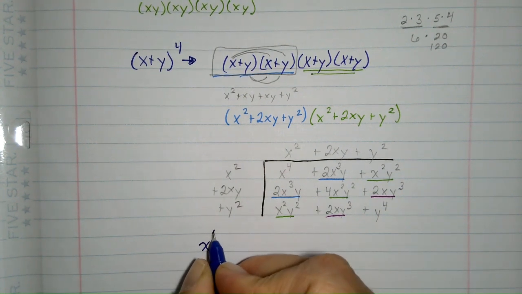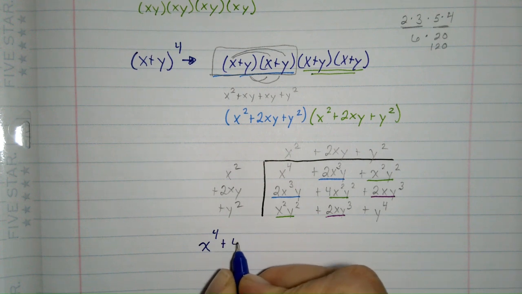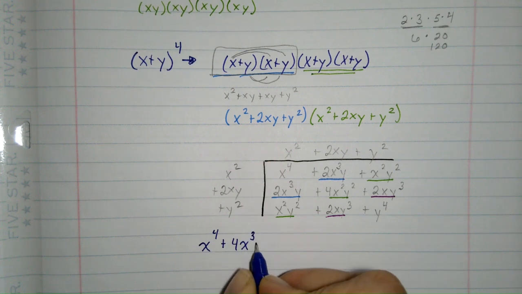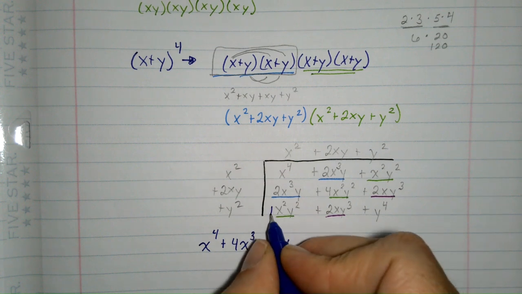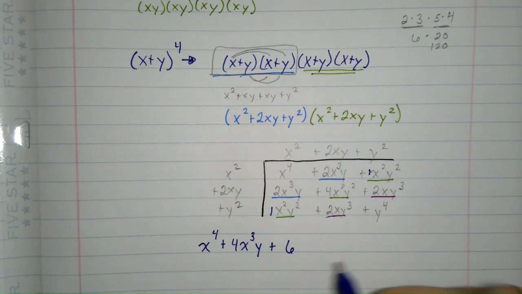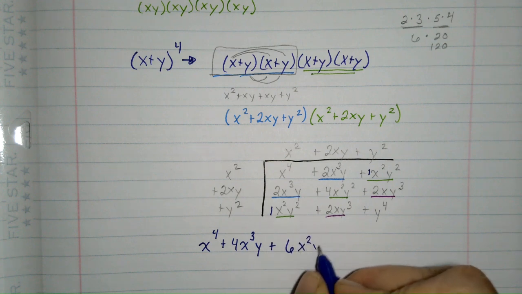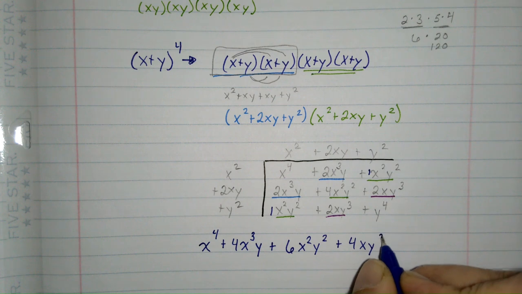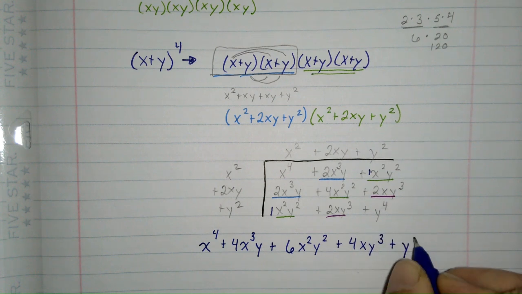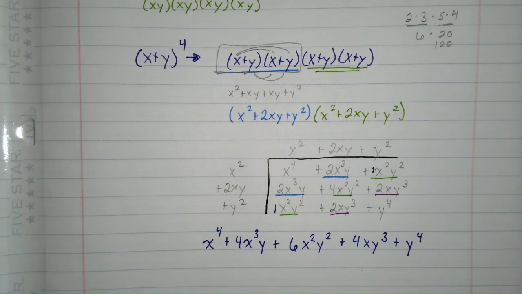So 1x to the 4th plus 4x cubed y plus 6, because there's a 1 here and a 1 here, right? x squared y squared plus 4xy cubed plus y to the 4th. That was a lot of work.